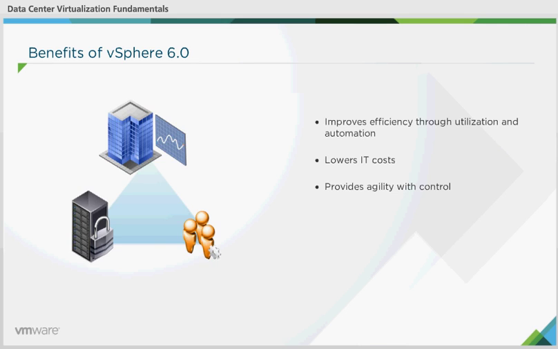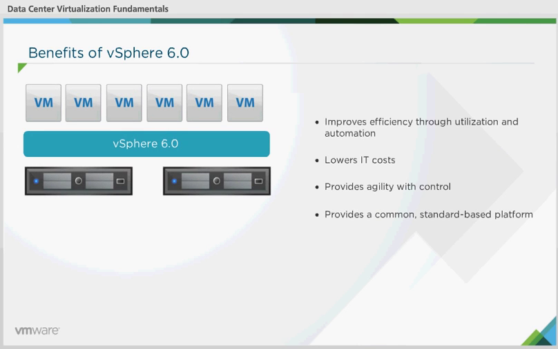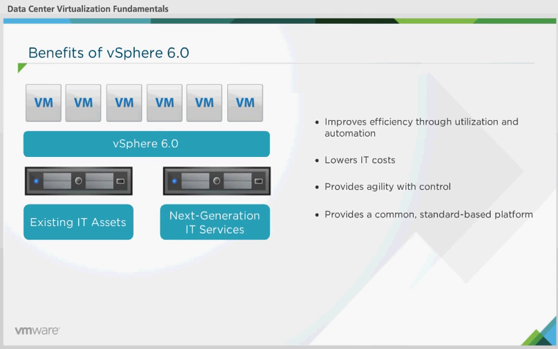With vSphere 6.0, you can use a common, standards-based platform to leverage existing IT assets alongside next-generation IT services, and enhance vSphere through open APIs with solutions from a global ecosystem of leading technology providers.